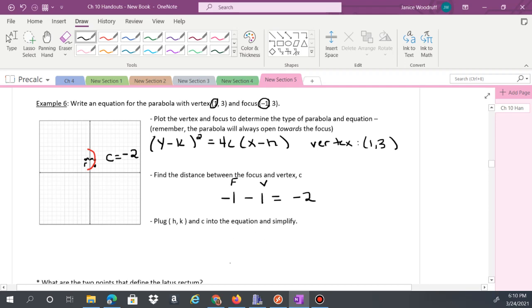All right, so let's plug in everything we have. So we have y minus our k value, which is 3, squared, equals 4c, so 4 times -2 gives you -8, and then x minus 1. So that's our equation.